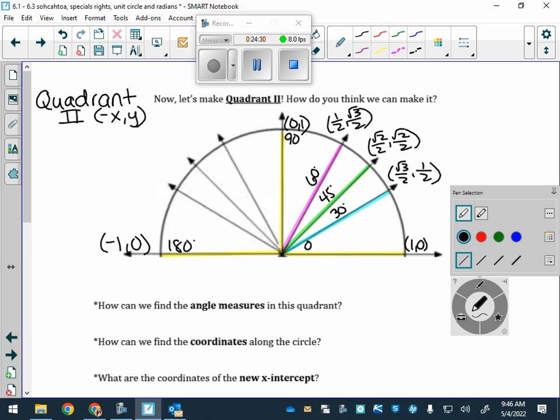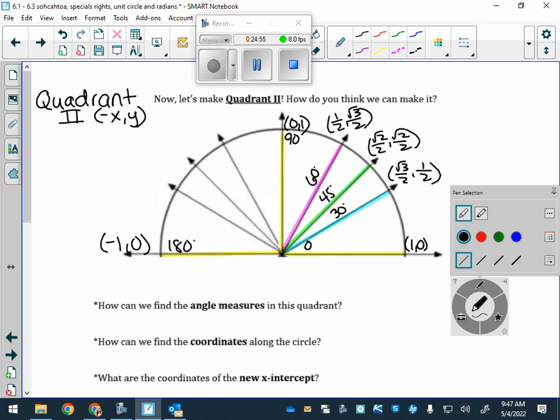So which one would be blue if I did first, second, or third? First, okay. Second one would be green, and then the pink or purple, whatever the color it is. It looks pink on here, but I don't know. Anyway, so you are correct. You are referring to quadrant 1.